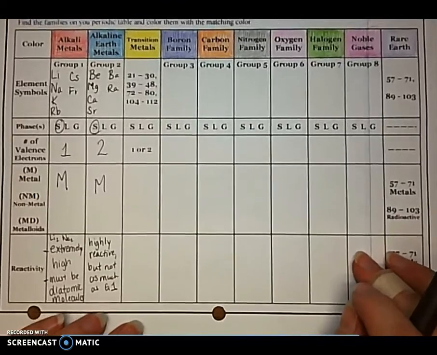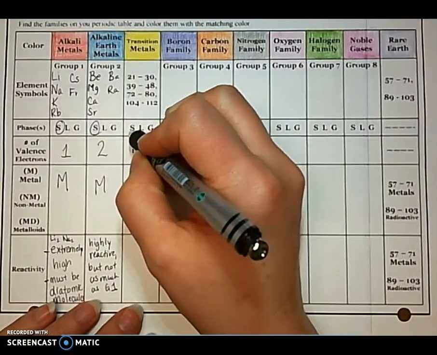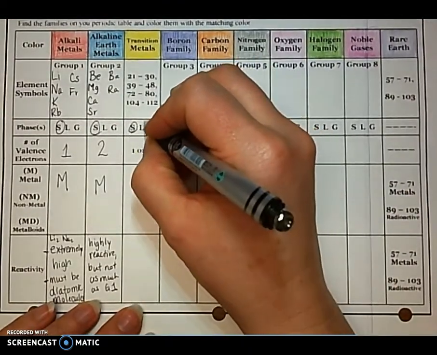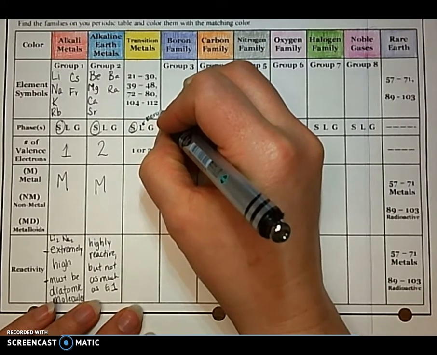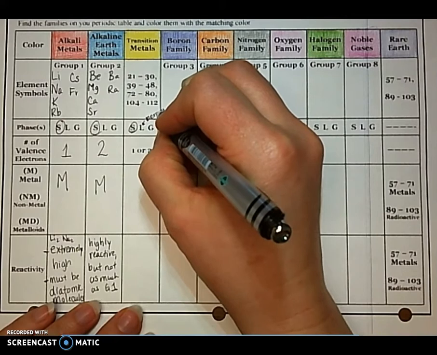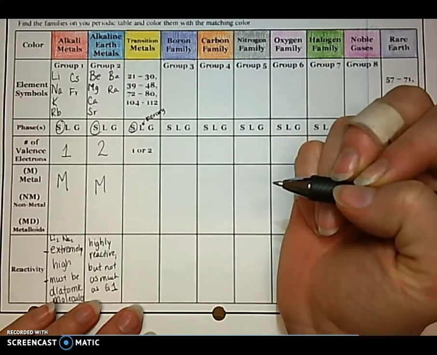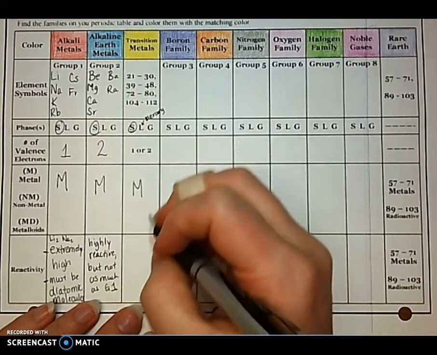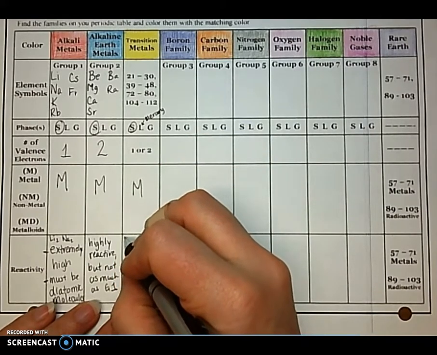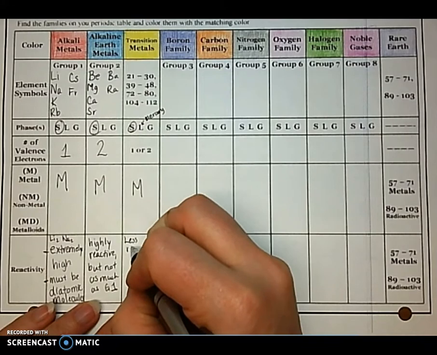So when I flip back over here, we are talking about solids again, with the exception of mercury, and it is a liquid at room temperature. 1 or 2 valence electrons. These are metals. These are much less reactive.